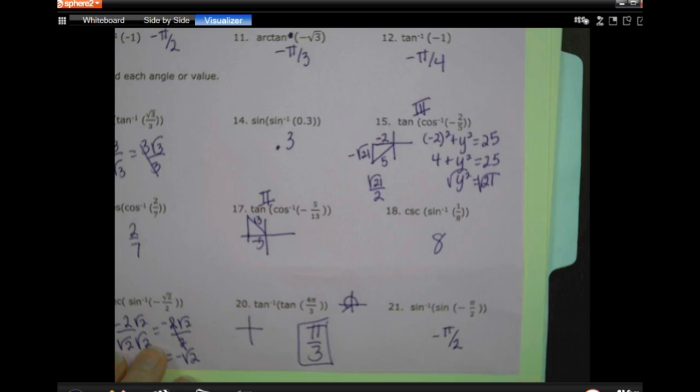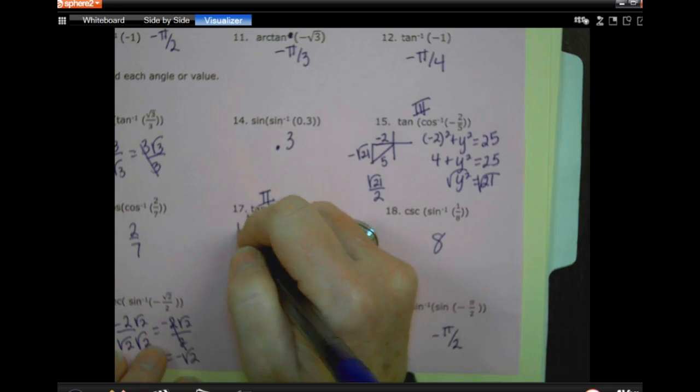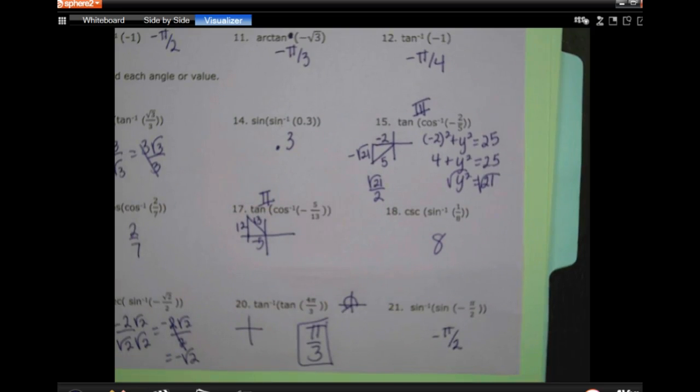What kind of triangle is it? 5, 12, 13. Okay, what's 13 squared? Minus 25, square root of 144 is 12.